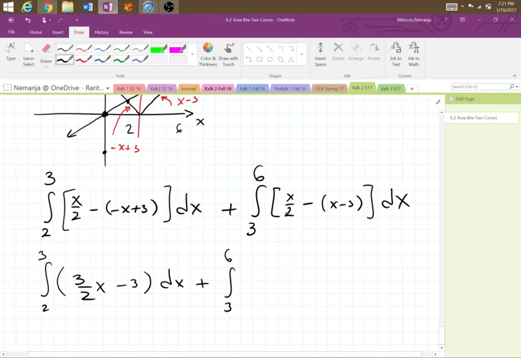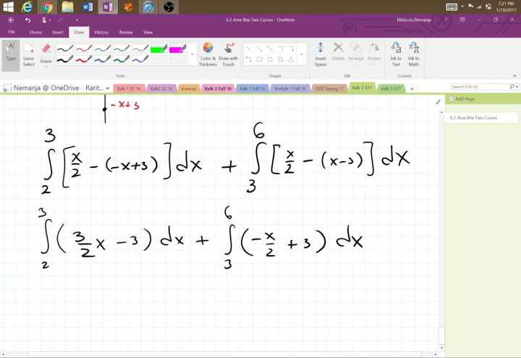And over here we have negative x over 2 plus 3 dx. And now we integrate. So that's 3x squared over 4 minus 3x from 2 to 3 plus another integral, that's negative x squared over 4 plus 3x from 3 to 6.